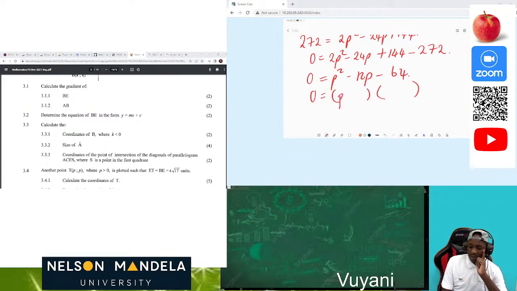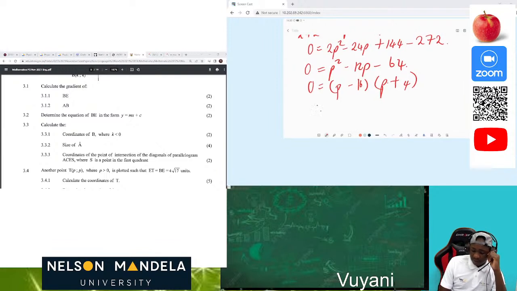Definitely it's p and p. Then 16 times 4 gives 64. In order for us to get that, one must be positive and the other negative. Therefore p minus 16 is equal to 0, or p plus 4 is equal to 0. Then p will be equal to 16, or p will be equal to negative 4.